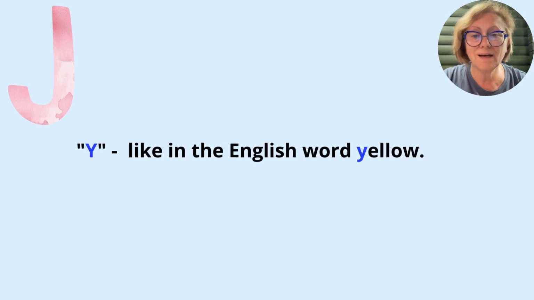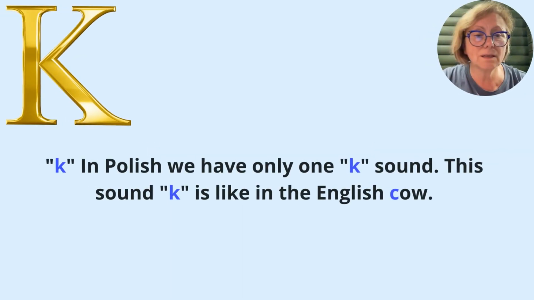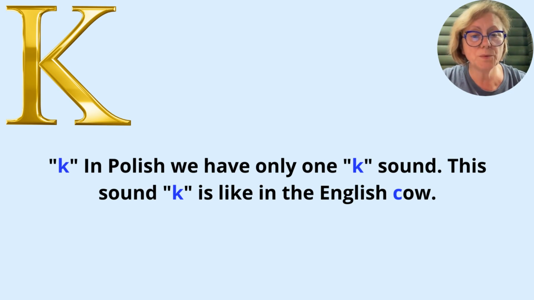E, like in the English word yellow. E, yellow. K, in Polish we have only one k sound. This sound k is like in the English cow. K, cow.